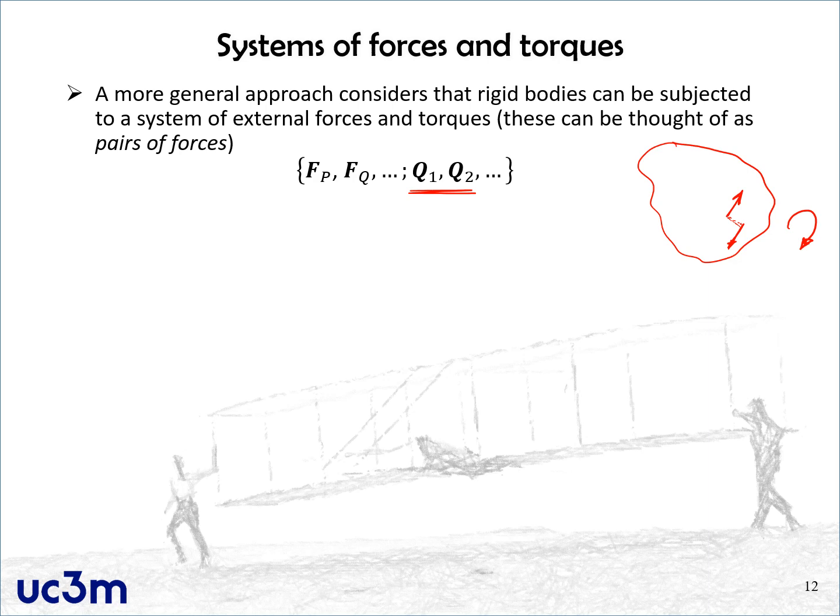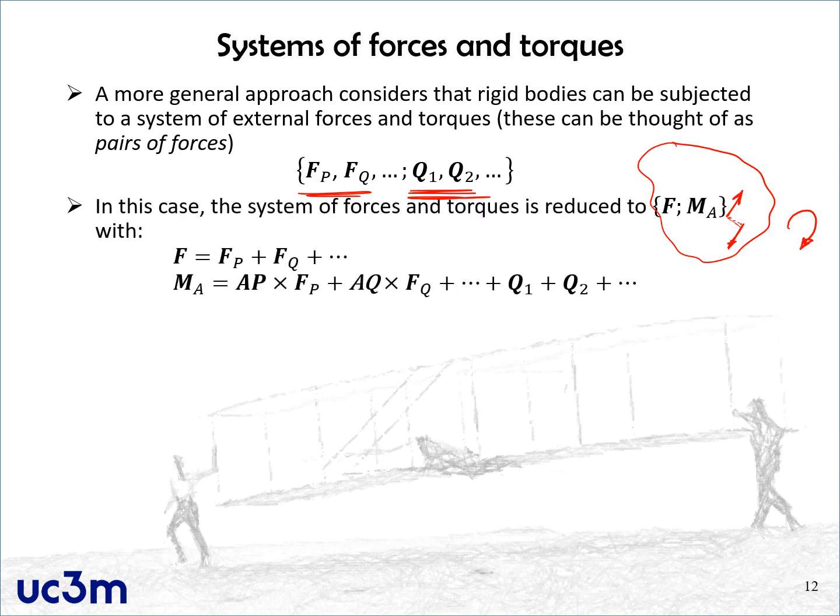So in some scenarios, it might be more useful to describe the interaction of the environment with our rigid body in terms of external torques like this, rather than forces. And in general, we may have external forces and external torques like that. So what does change when we have these external torques?